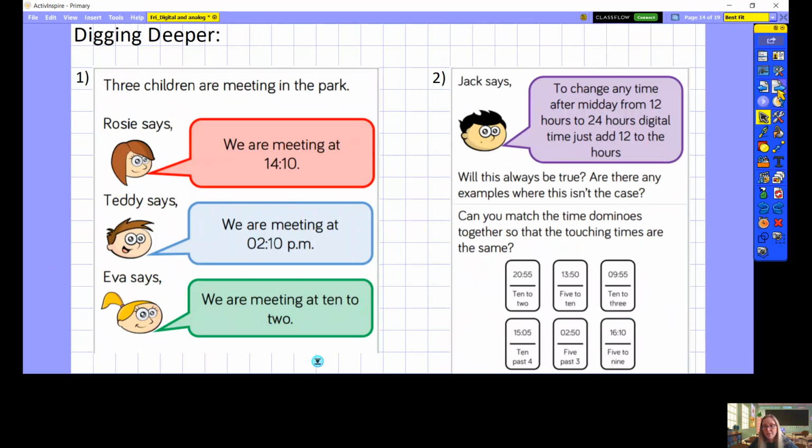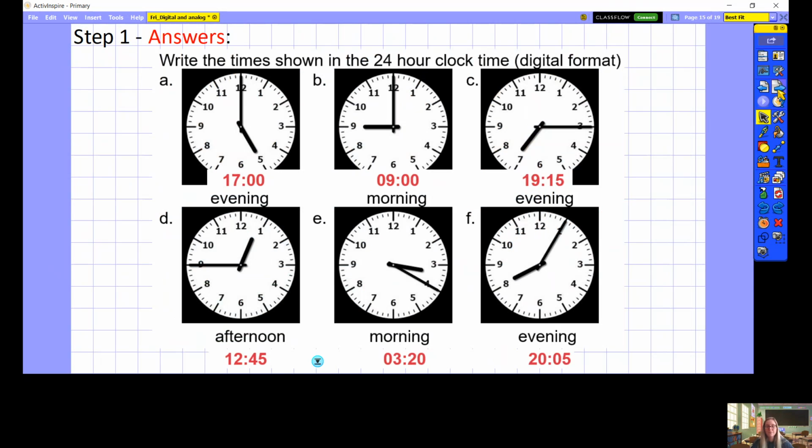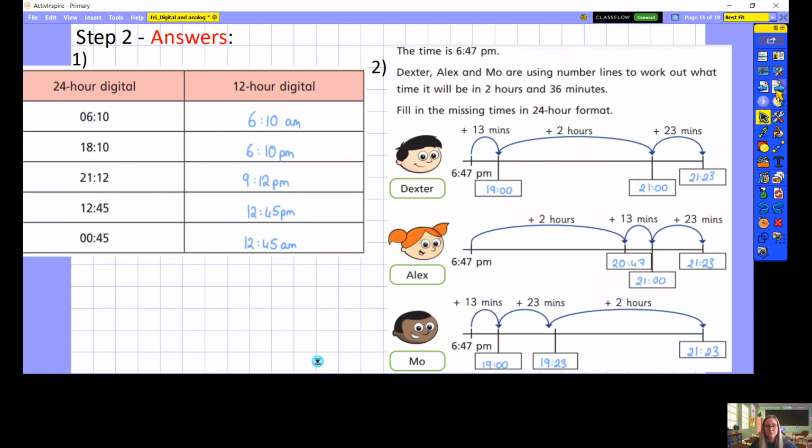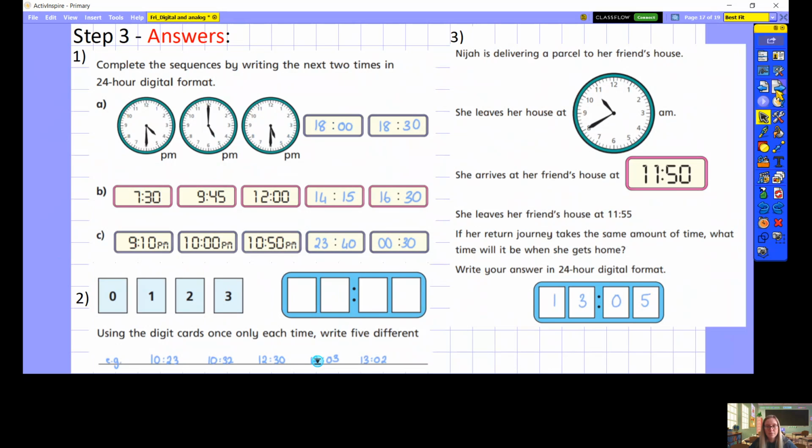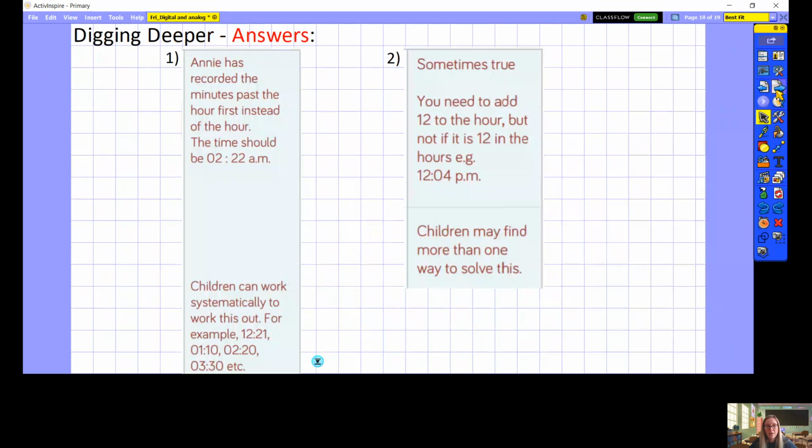And some final digging deeper challenges here. Step 1 answers. Step 2 answers. Step 3 answers. And the digging deeper answers.